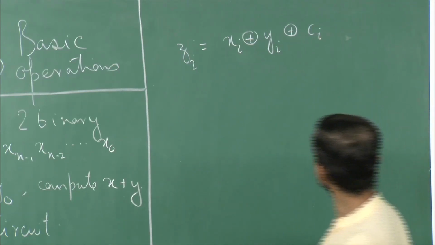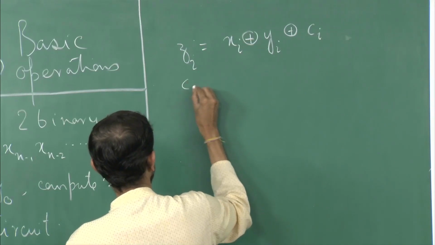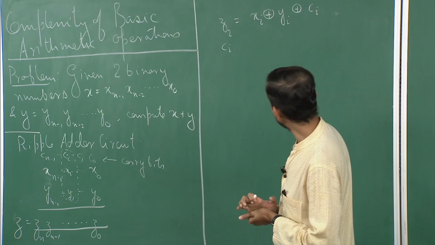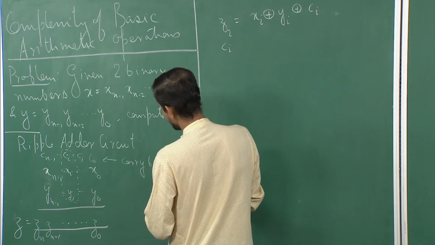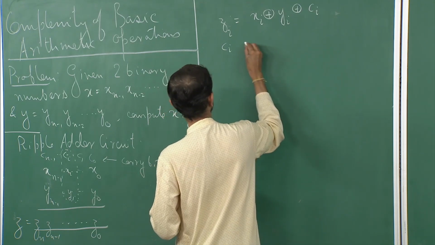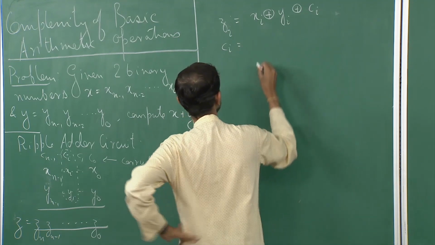This is the formula for z_i. And what is c_i? c_i will depend on the previous bits.